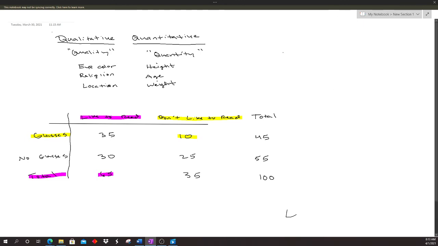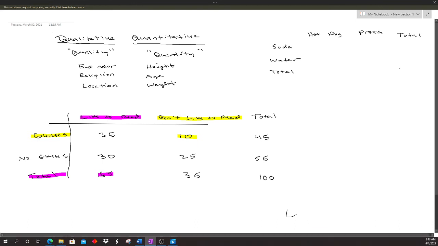So let's say people went to a ball game and the choices were hot dog and pizza, and to drink you could have soda or water. Okay. Of course, there's going to be a total for each row and column. Let's say there were 400 people that attended, and I tell you that 150 had soda and a hot dog.